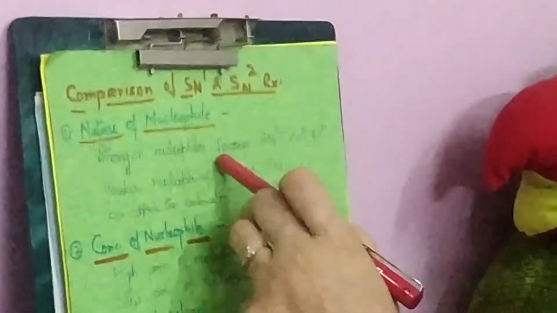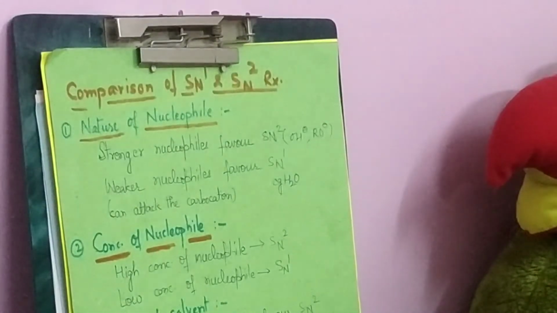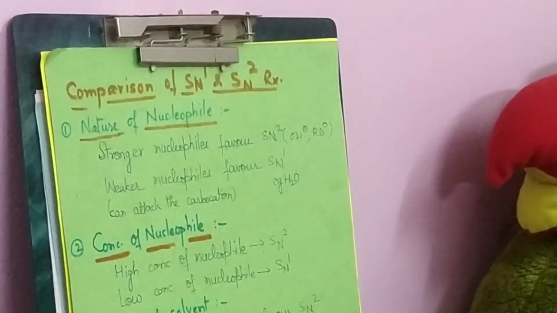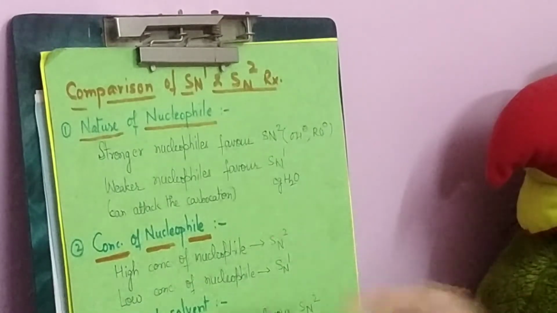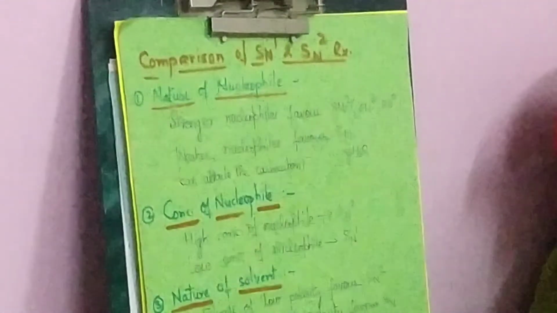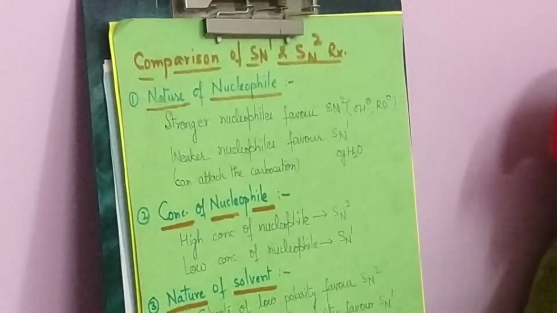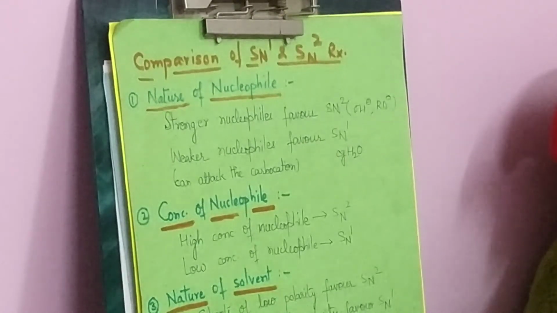These are very strong nucleophiles, and they will favor SN2 reactions, which is obvious because SN2 reactions, keep the picture in your mind, are concerted reactions in which the nucleophile attacks the alkyl halide from the backside, and simultaneously X negative gets released. So if the nucleophile is strong enough, it will be able to attack that alkyl halide.